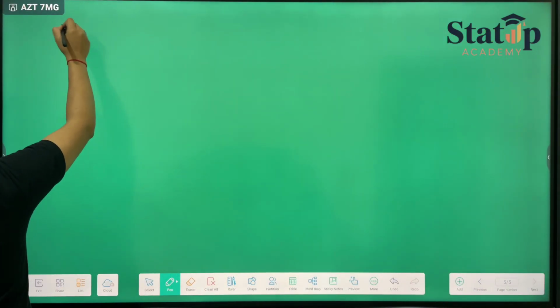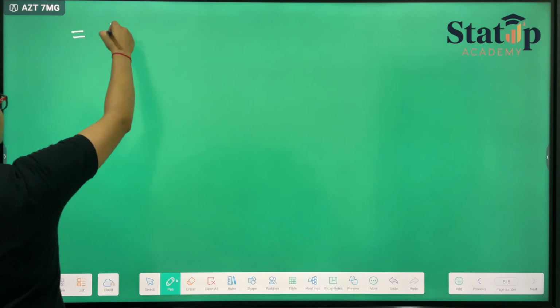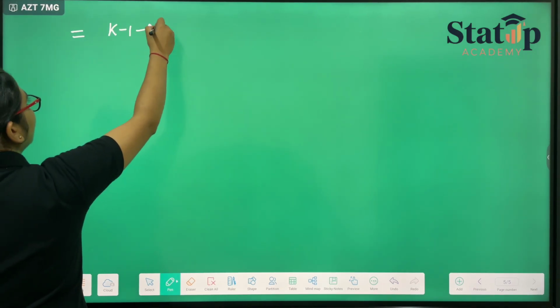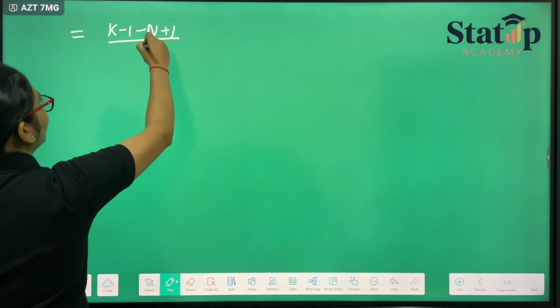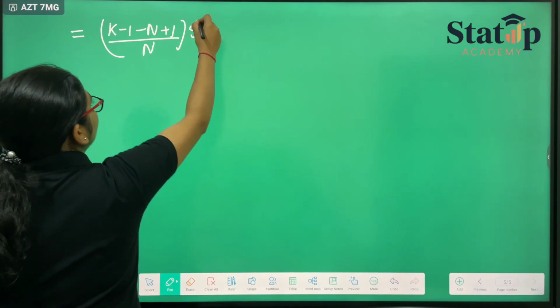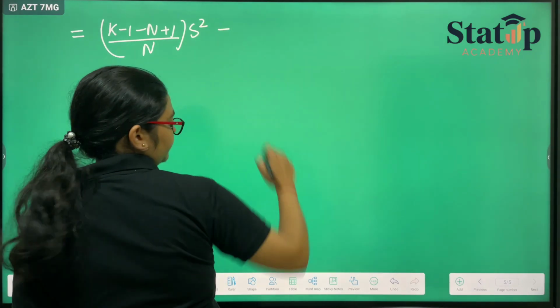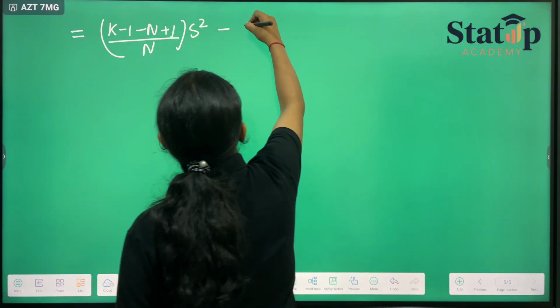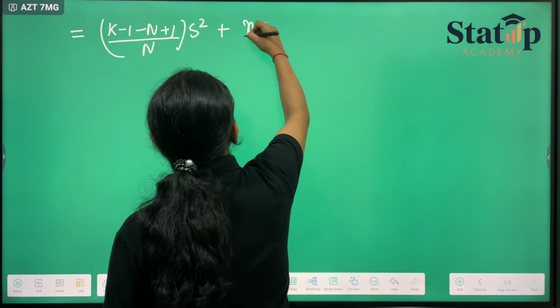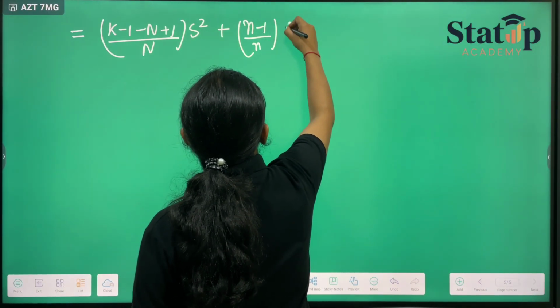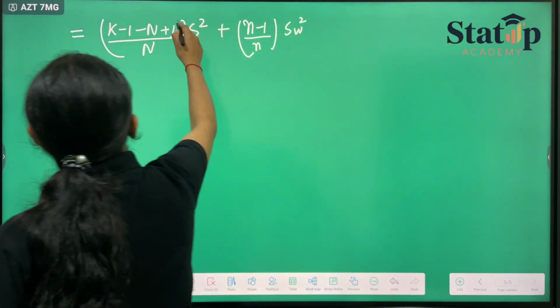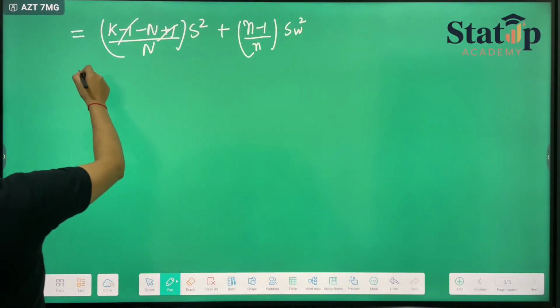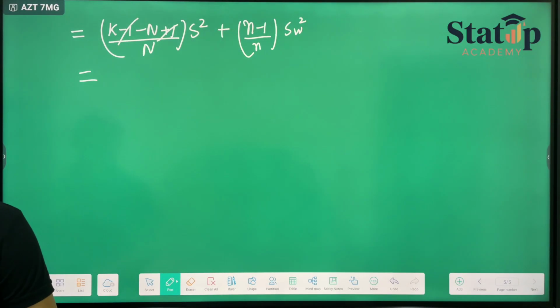So this can be written as (k minus 1 minus N plus 1) upon capital N into S square plus (n minus 1) upon n into Sw square. So 1 and 1 will get cancelled, and we are left with k minus capital N.